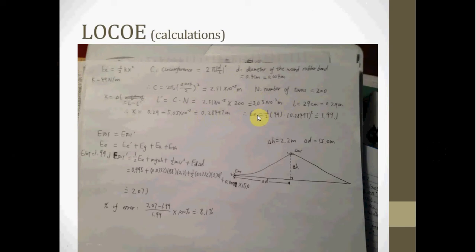Therefore, our elastic initial is equal to 1.99 joules.